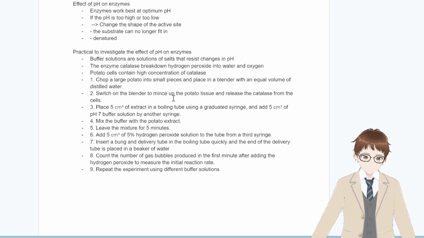The control variables are using the same potato, and the concentration and volume of hydrogen peroxide.